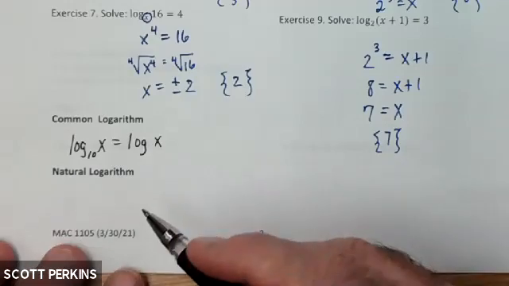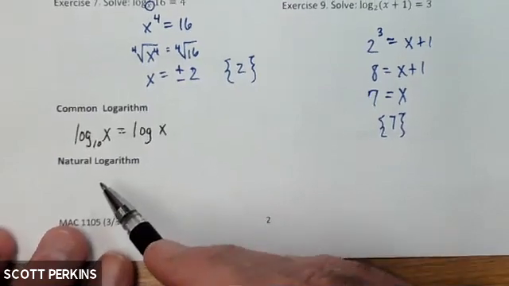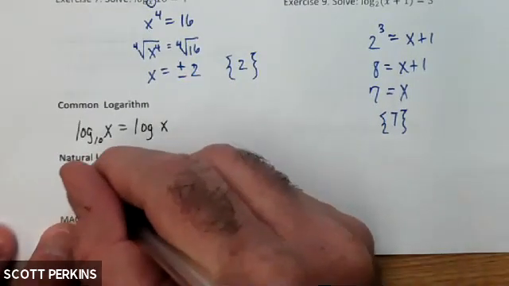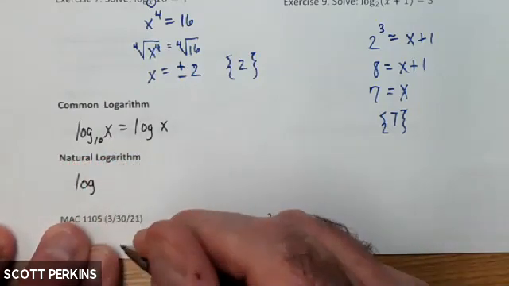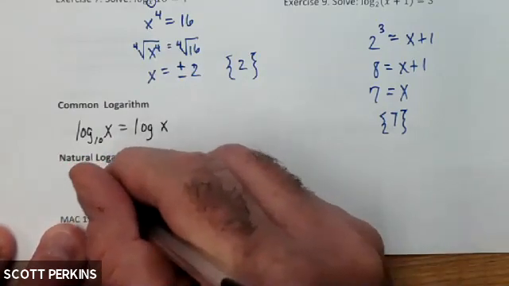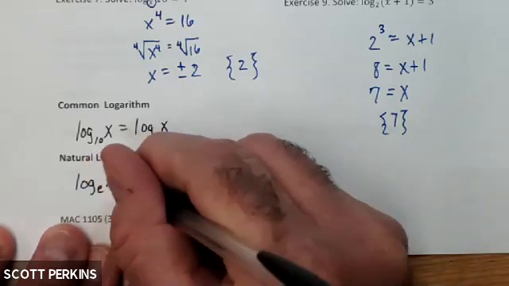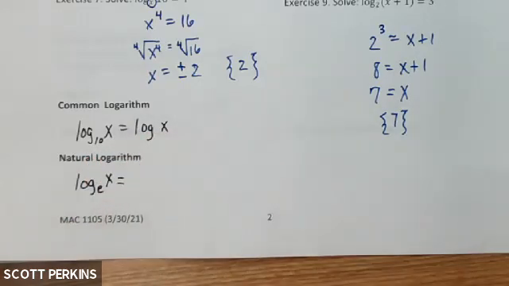The other most commonly used base in logarithms is a number that we don't know too much about, so I'm not going to focus on it too much in here. This is called the natural logarithm. It's log base this number e of x. E is an irrational number like pi. We're familiar with pi when we calculate the area and circumference of circles.